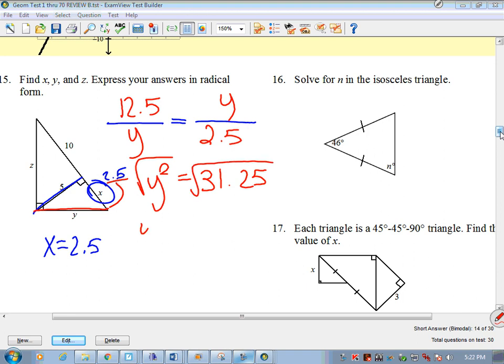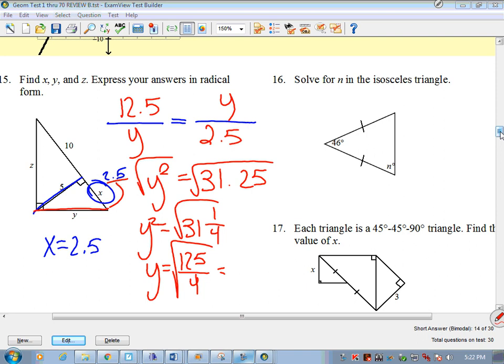One thing I want you to remember is that this is 31 and 1/4, which is the same thing as 4 times 31 plus 1, which is giving me 125 over 4. So I am square rooting this. The square root of 125 is, I believe, 5 radical 5.